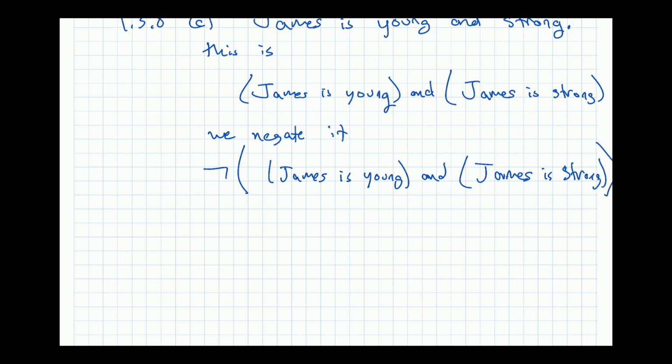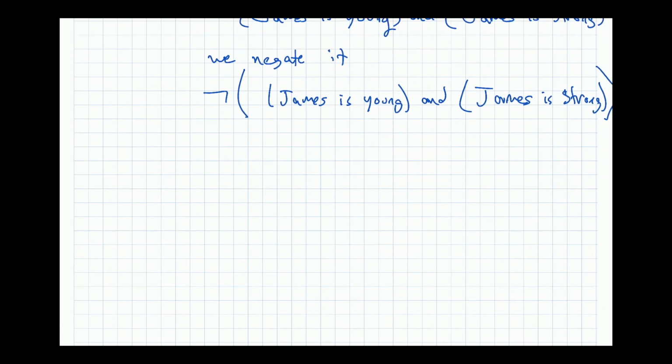Okay, now we need to apply De Morgan's law. How does that work? Well, the way that works is this is going to be distributed. So it's going to go here and it's going to go here. And the and is going to switch.